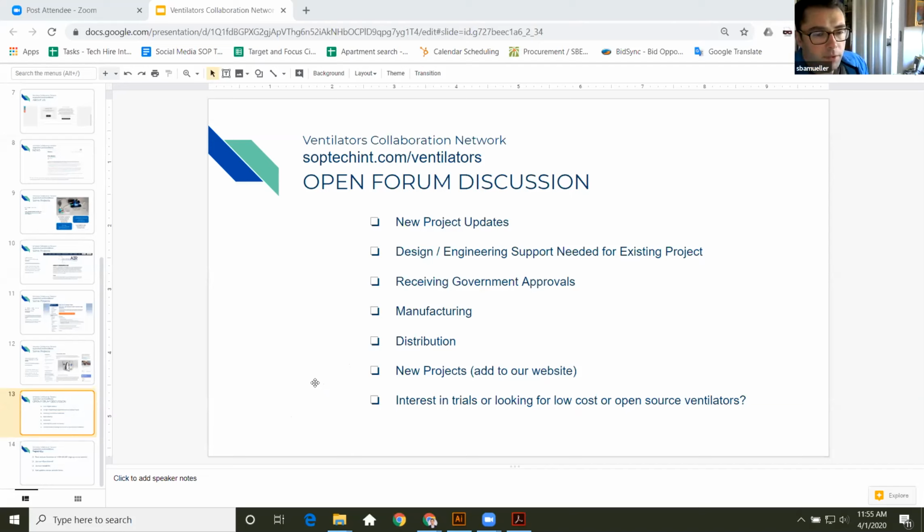Let me make one about manufacturing. Right now, we are basically being overrun by companies willing to manufacture. I think it's like 50 plus we have in our spreadsheet right now. And I presume some of them are quite large, actually, large automobile suppliers and so on.